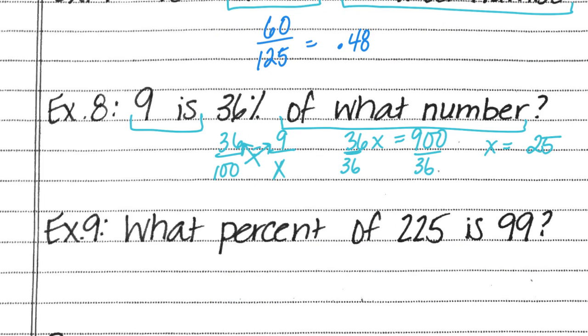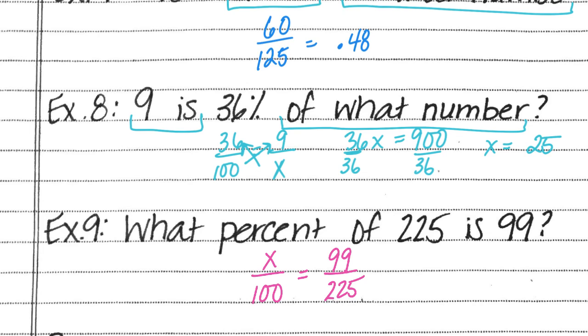And the last word problem, what percent of 225 is 99? So I know I'm looking for the percent. The is is 99. The of is 225. I know you could probably just take 99 and divide it by 225, and you're going to get your 44%.